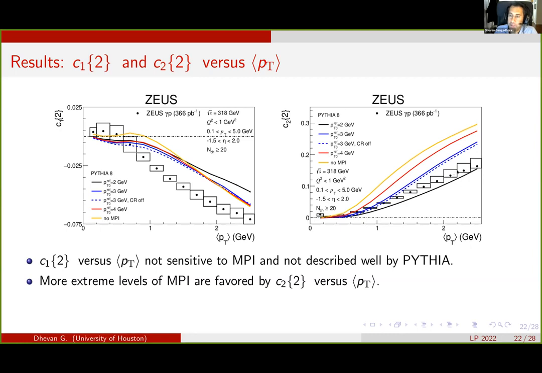There's some tension here, because this projection doesn't work at all with either of the Pythia 8 predictions, and they don't change much with the MPI. So this one is not sensitive to MPI. On the right side, though, you do see some sensitivity. However, it's preferring something with much larger MPI, like the black line or something in between the black and the blue.